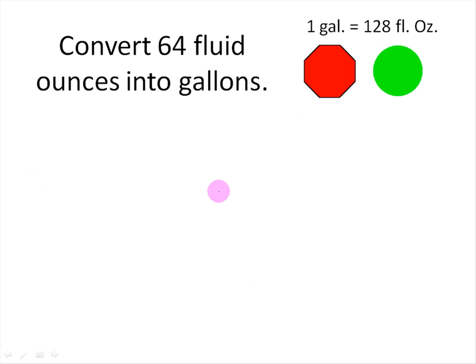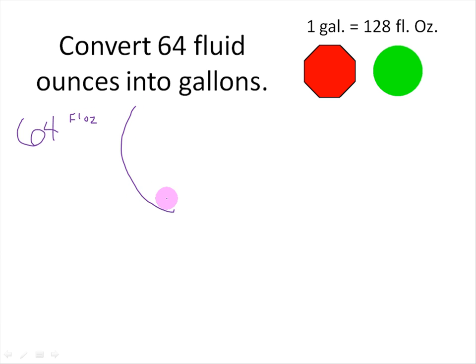All right, convert 64 fluid ounces into gallons. Your tip or hint, something you could look up, is that 1 gallon is exactly equal to 128 fluid ounces. Click on the stop sign. All right, let's see how you did. 64 fluid ounces, and we're going to multiply that times 1.